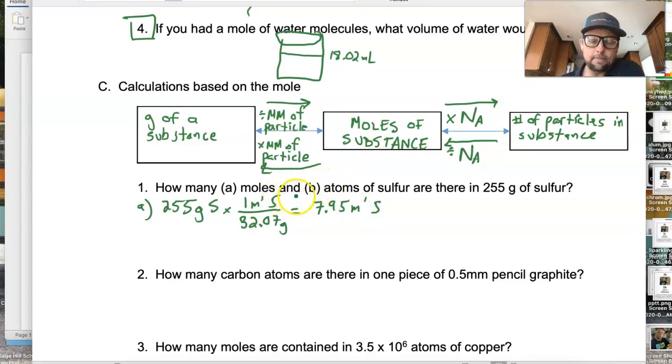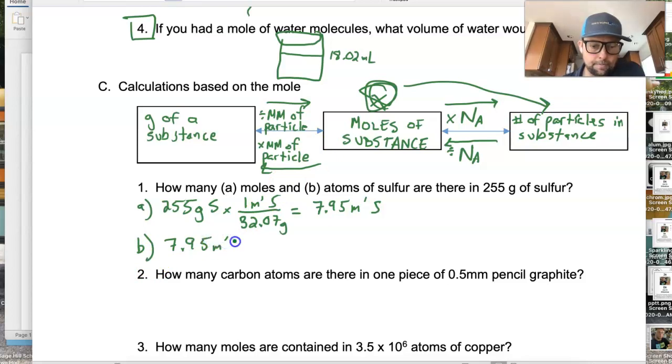Now if we're trying to find the number of atoms of sulfur, we could start again at 255 or just start with the number of moles because we're already at this spot. We have just gone from grams to moles. Now we want to go from moles to number of particles. So let's take that 7.95 moles of sulfur, and for every 1 mole, our favorite number, 6.02 times 10 to the 23rd sulfur atoms.